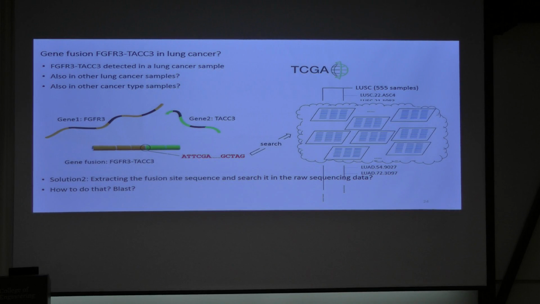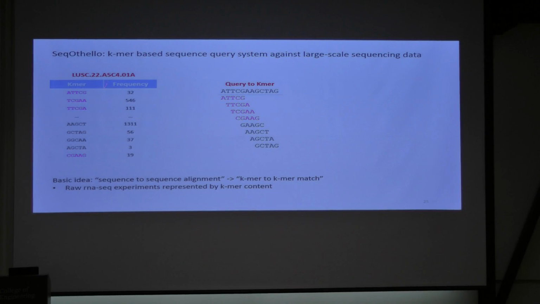But there are no available tools to perform such a large-scale query. Our solution is SeqOthello. Probably some of you may have heard about it two weeks ago in a talk, but I could talk more about the biological aspect.